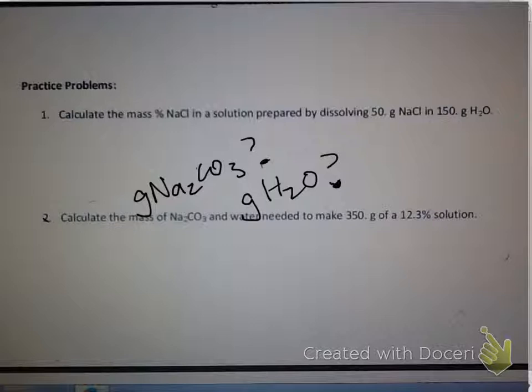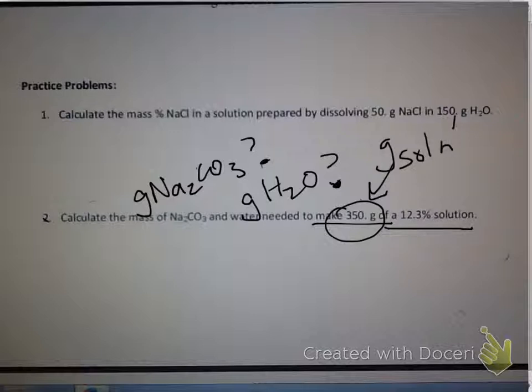So calculate the mass of sodium carbonate and the mass of water needed to make 350 grams of a 12.3% solution. Now notice that we're given a mass here. What is this mass? This is the mass of the solution, the grams of the solution.